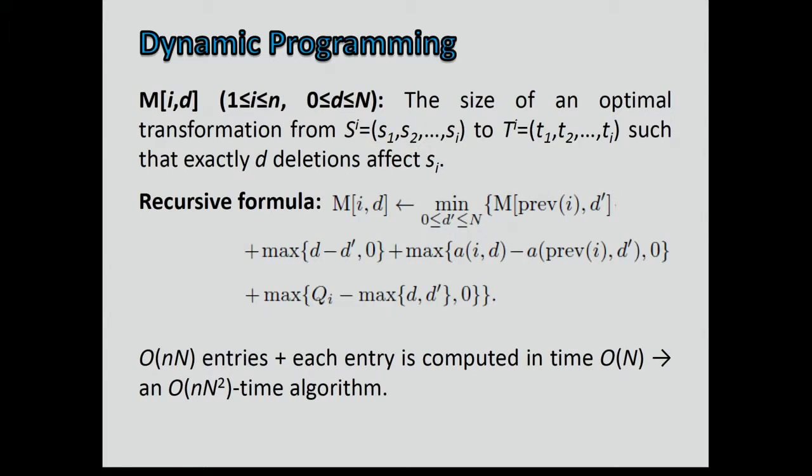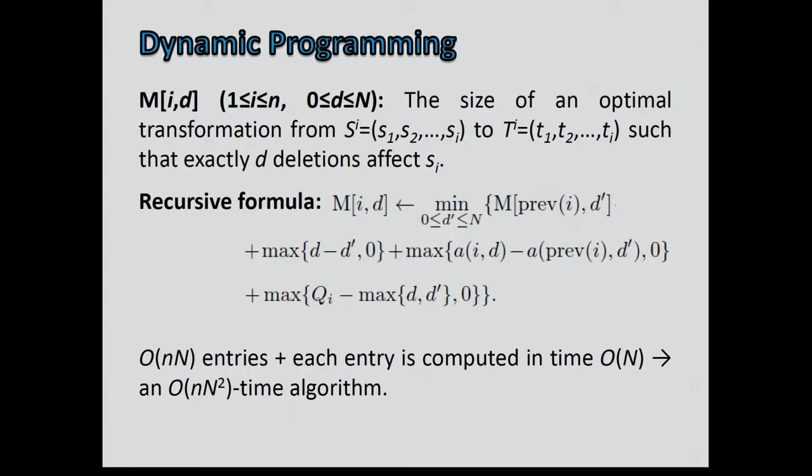The idea is that we use a table M that has an entry for every index i between 1 and n, and for every d between 0 and capital N. In such an entry, we want to store the size of an optimal transformation from a prefix of S to a prefix of T, taking the first i entries, and such that exactly d deletions affect Si.